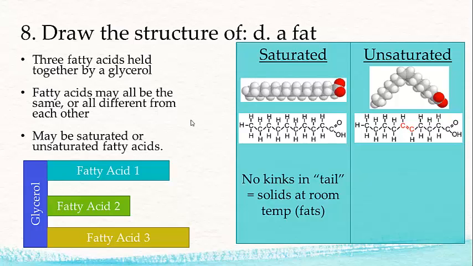Therefore, they're able to pack in very closely together. So these are going to be solids at room temperatures. That's going to be things like butter. The unsaturated fatty acids have these kinks in them, and that prevents the fatty acids from packing in together. So these are going to be liquids at room temps, and this is things like olive oil.